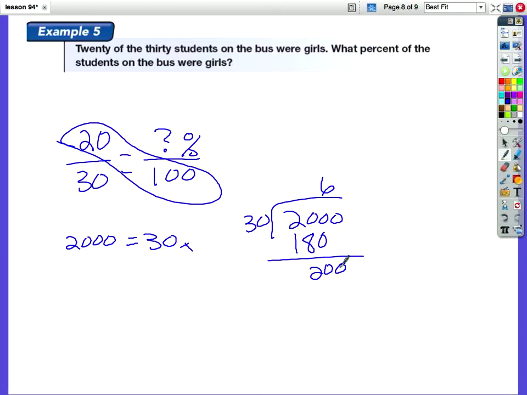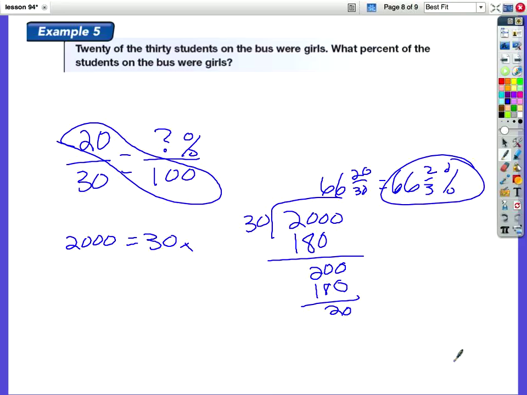I get the same thing. So I'm going into 200, it's going to be 6 again. So we get 180, 20. So now I have 66 and 20 over 30. If I reduce that, it's going to be 66 2/3%.